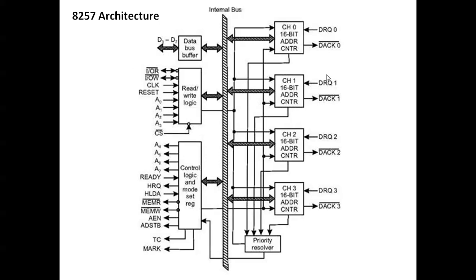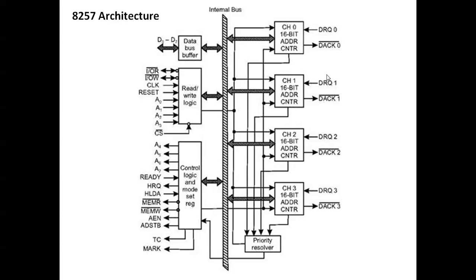They have channel 0, channel 1, channel 2, channel 3. So there are 4 channels you can access. Peripheral devices can connect with the channels. First they ask with a DRQ request on the 4 channels.